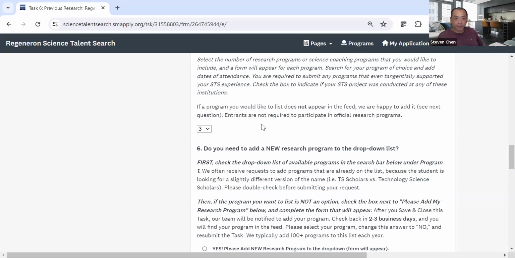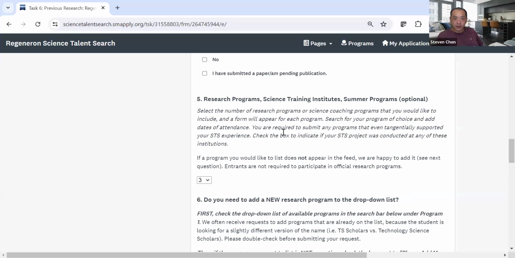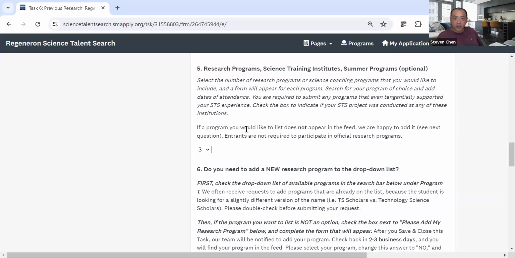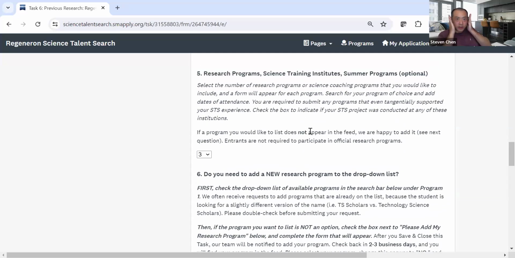Therefore, here, when I ask you to report other research programs or summer programs or science training institutes, do not narrow your scope to only research programs. Do not make it too narrow. Because here you see that you can select even up to 8.